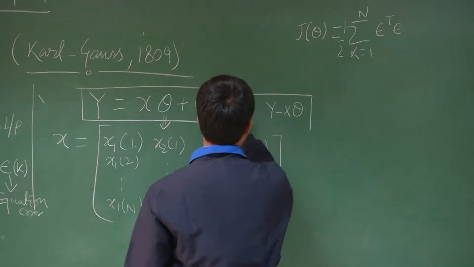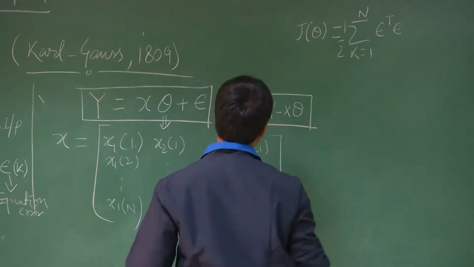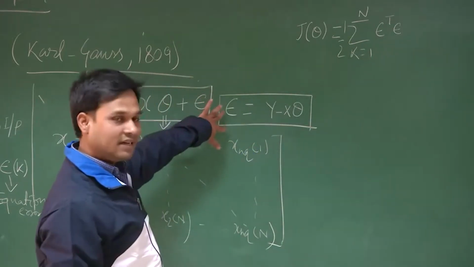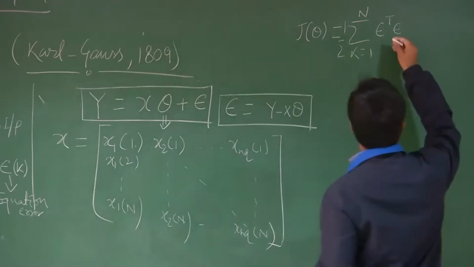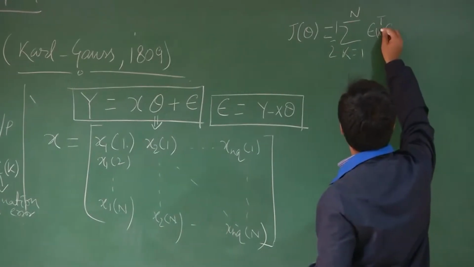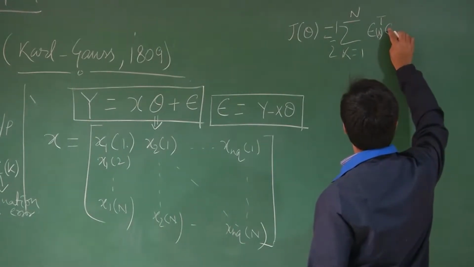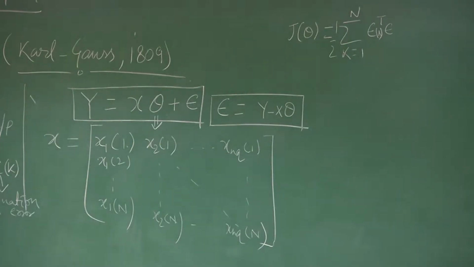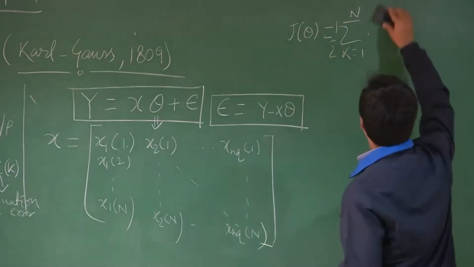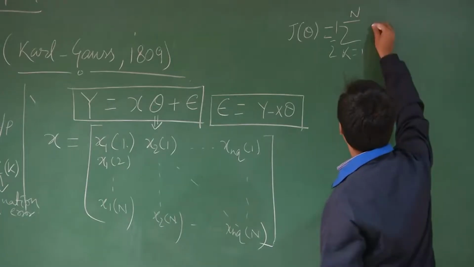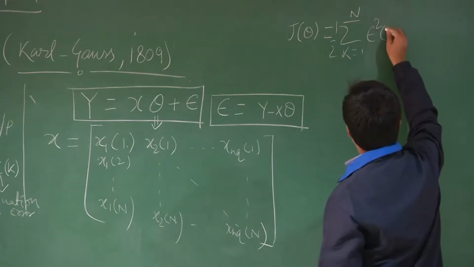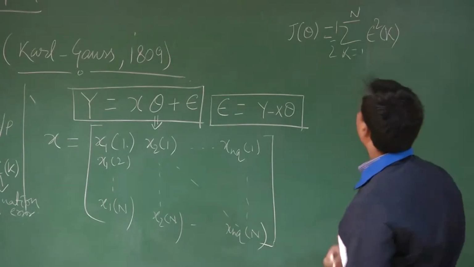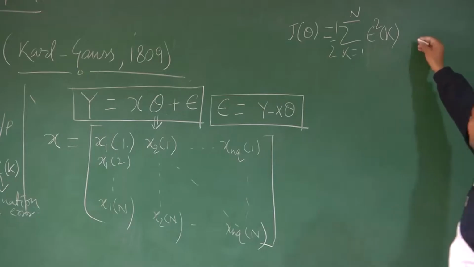So this we know. Now we are trying to minimize the summation of the square of these errors, right? Sorry, it should not be like this. First, the square of errors. Now you can further simplify.